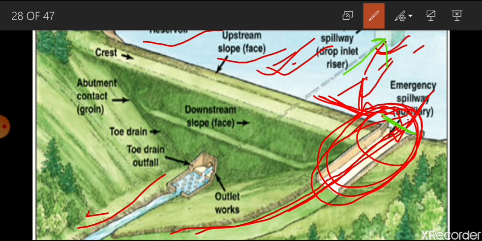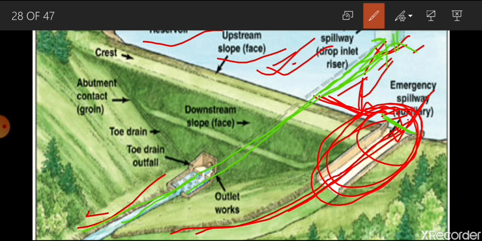The flood will go inside this structure from the top, and from the top it is well connected with the drain lines or conduit, and then that amount of water will pass through this conduit in this direction. This is an underground structure. So this is one kind of spillway. It's called a drop inlet, where water will drop into some inlet system, and then through a conduit, some pipe underground, it will pass into the downstream area. So this is another kind of spillway.